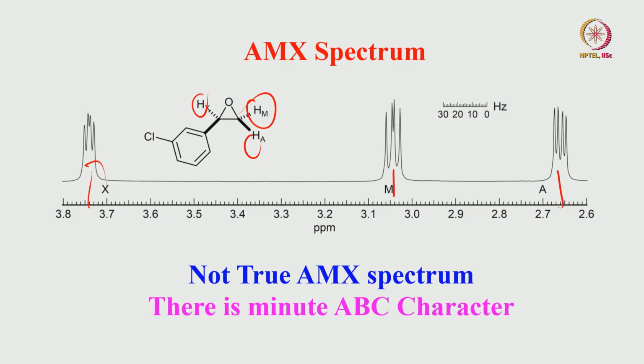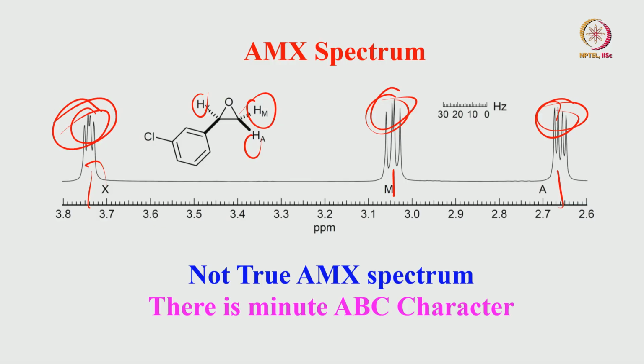It appears like AMX because there are no additional peaks like ABC, no combination transitions are seen here, only 12 peaks. But if you look carefully, they are not of equal intensity. That means there is a minute ABC contribution, a minute ABC character. In principle, of course, you can analyze and get the J coupling information and chemical shifts, but if you are a hardcore NMR spectroscopist, we do not accept it because it is still not AMX.